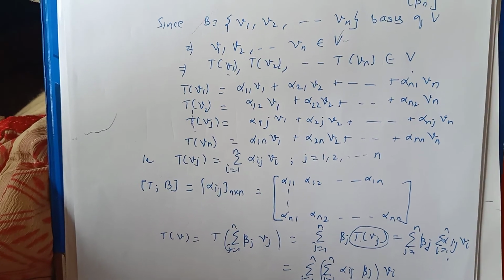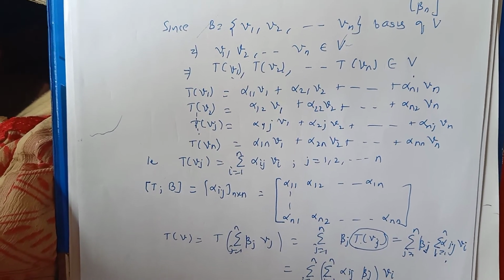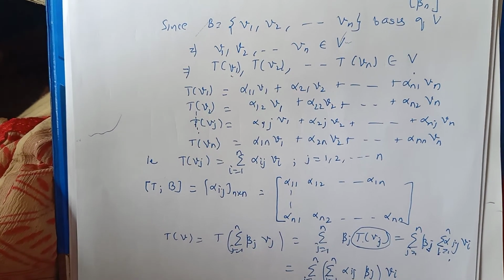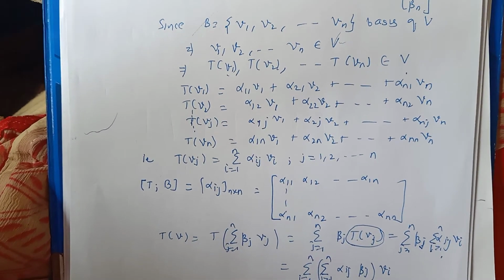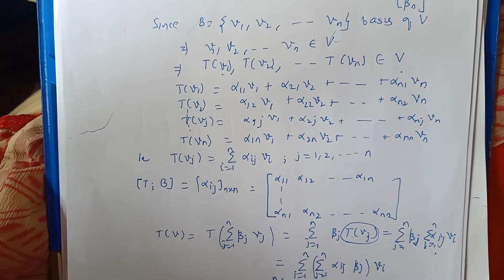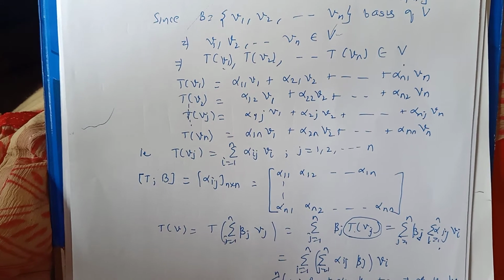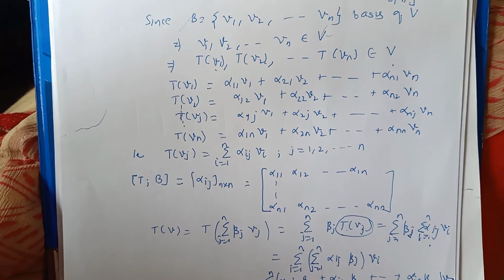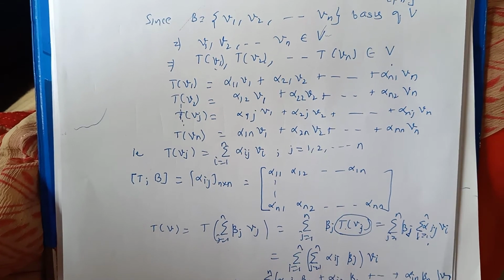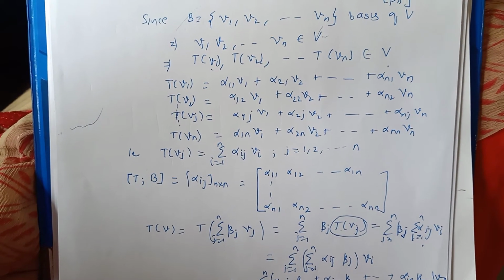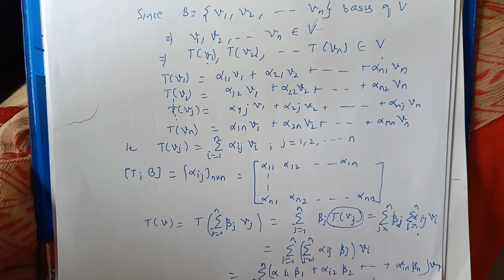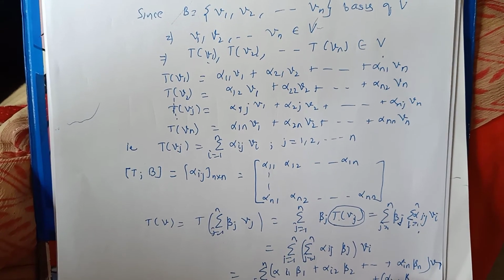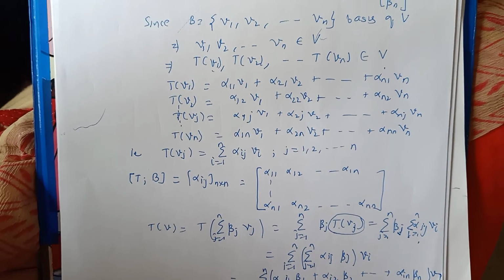So this implies T of V is equal to alpha 1 1 beta 1, alpha 1 2 beta 2, up to alpha 1 n beta n, times v1, plus alpha 2 1 beta 1 and so on times v2.